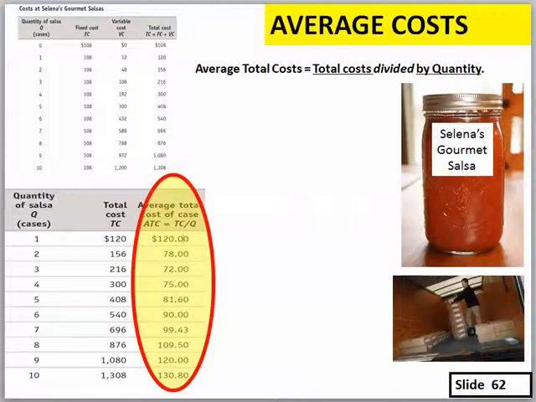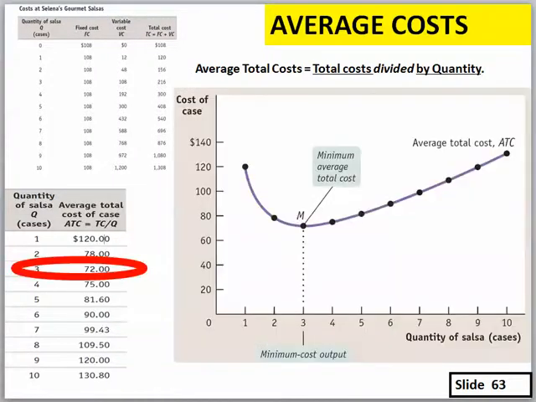For instance, if you had 2 cases, all we did was divide the total cost of $156 by 2, and that gave us $78 for our average total cost. So all we're doing is taking total cost and dividing it by the quantity to get average total cost.